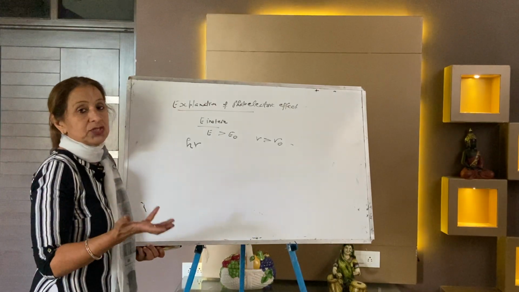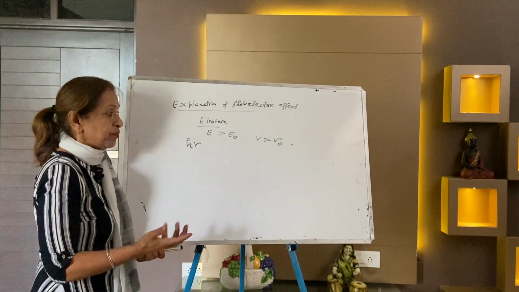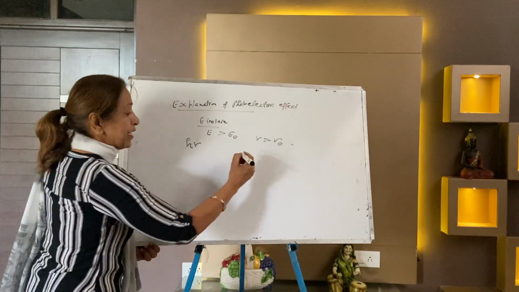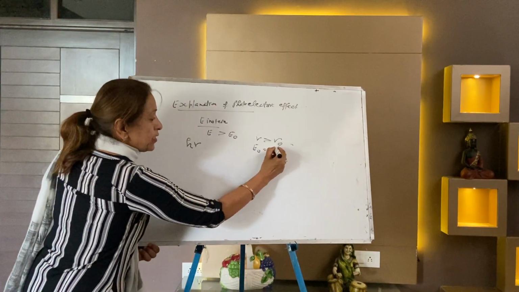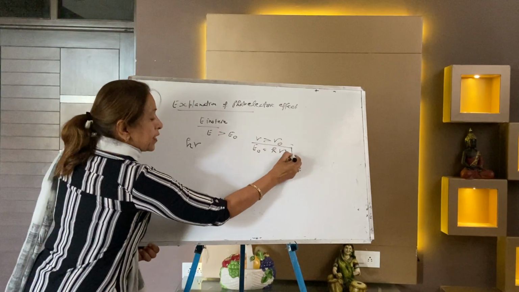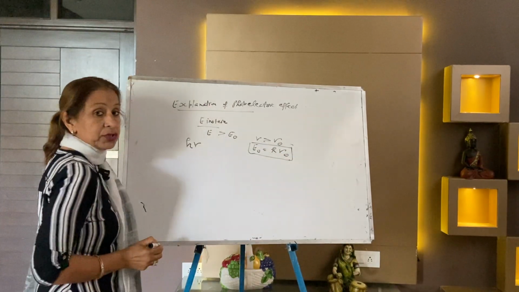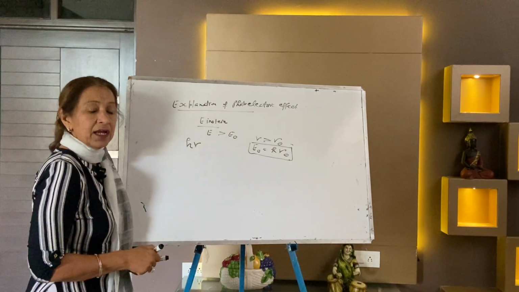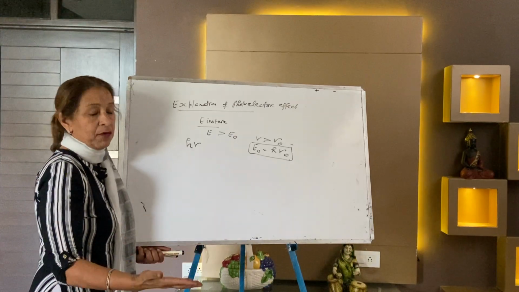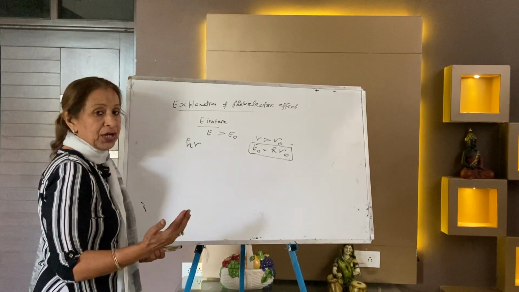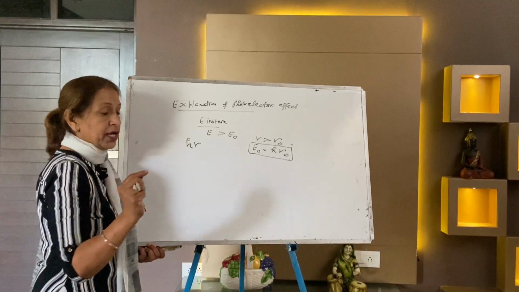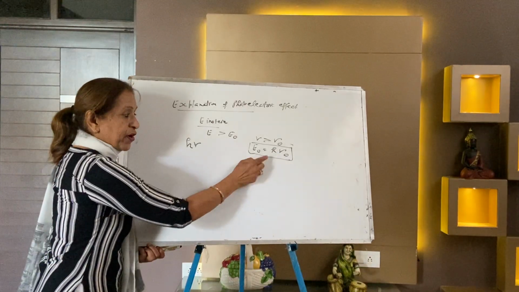It is the minimum energy required, the work function. E naught is equal to h nu naught. Write down h nu naught: it is the minimum energy required by any electron to come out from the metallic surface. E naught is h nu naught, the work function.